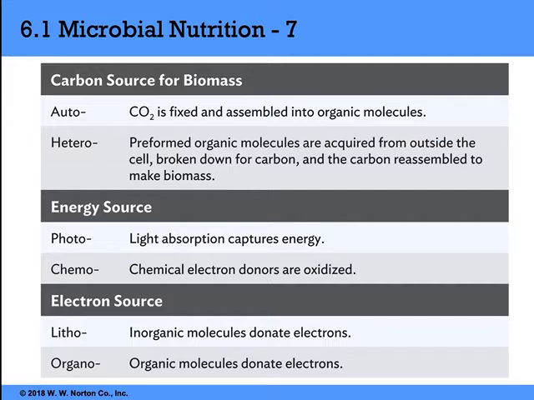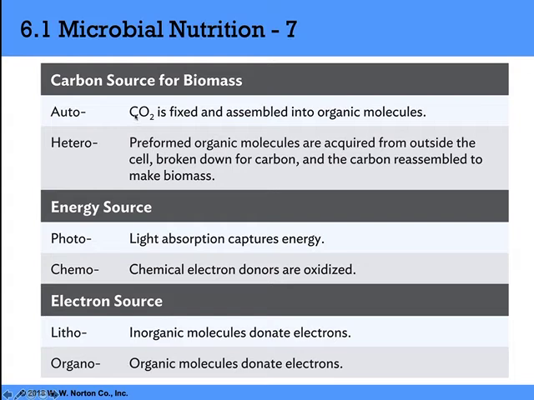Okay, so a good idea for this course and for A&P, if you end up taking it, is to get access to a website for medical terminology so that you can understand these word roots, prefixes, and suffixes, and that makes it easier for you to understand what you're seeing in the textbook.